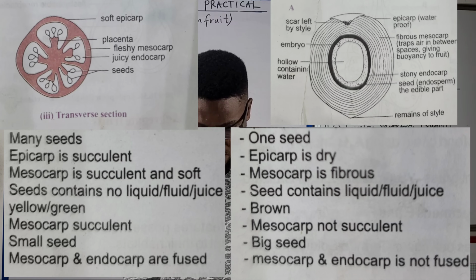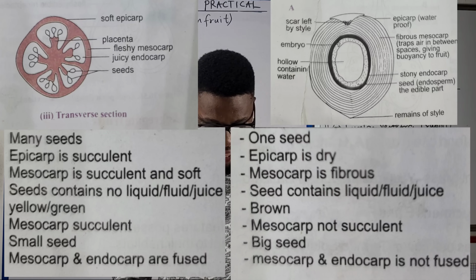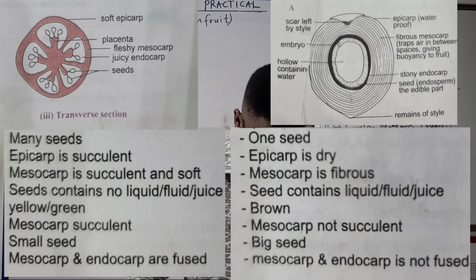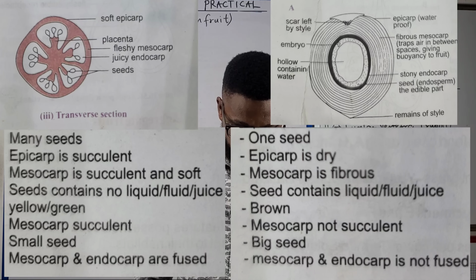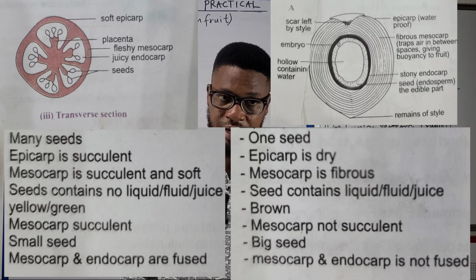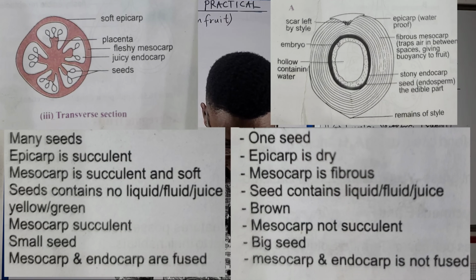The mesocarp for the tomato fruit is succulent and edible. The mesocarp for the palm fruit is not succulent. The tomato fruit, the seeds are small. It is small seed. The palm fruit is a big seed.